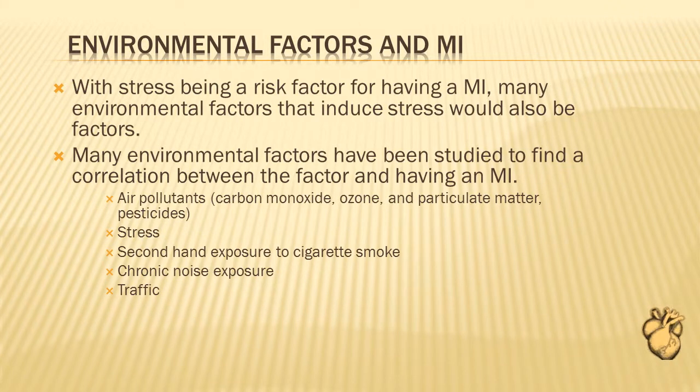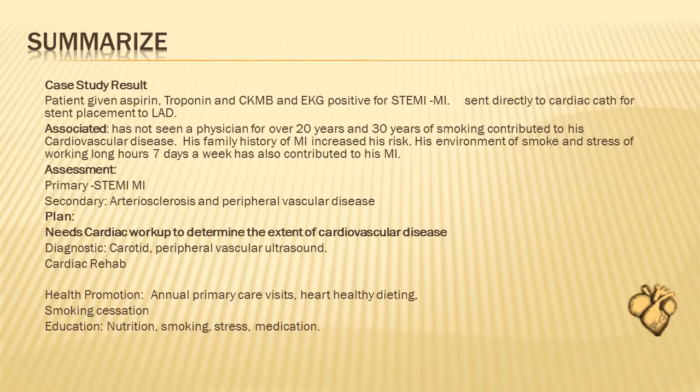Environmental risk can be several things, of course. There's stress again. Air pollutants, such as ozone and pesticides, which our farmer is exposed to. Secondhand smoke is a risk factor. Chronic noise exposure, and traffic. Driving in traffic is a big risk exposure.